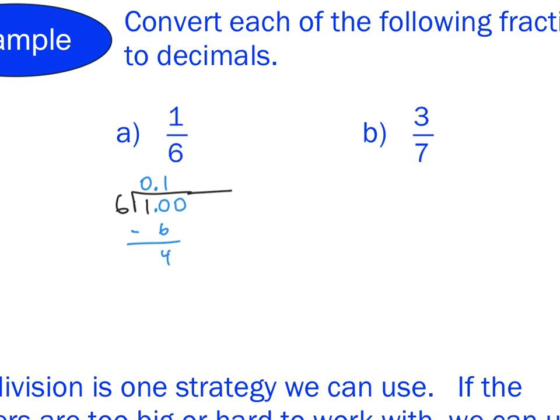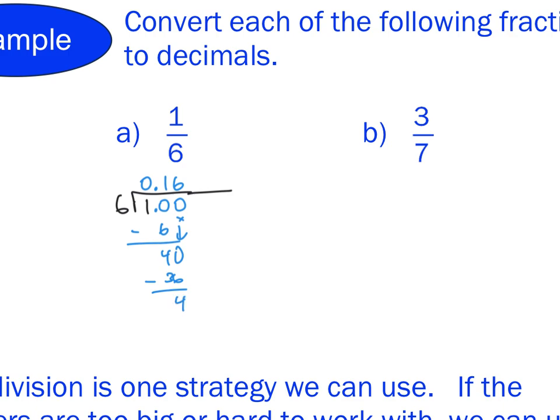We'll add a 0 and bring it down. Now we have 40. How many 6s go into 40? 6. 6 times 6 is 36. 36 taken away from 40 gives us 4.